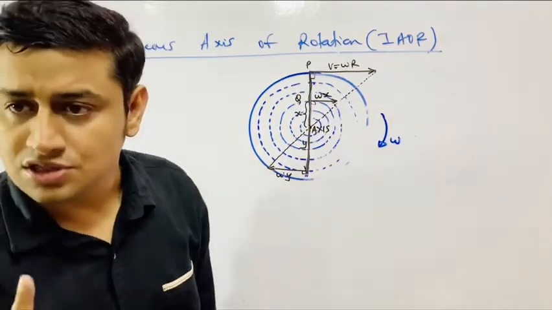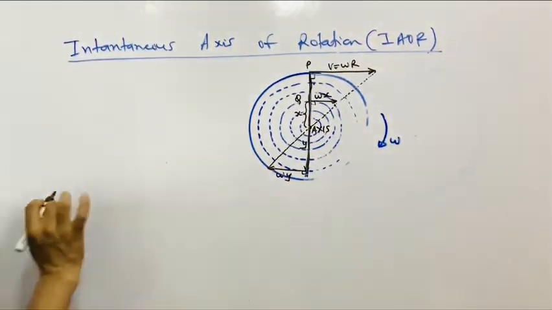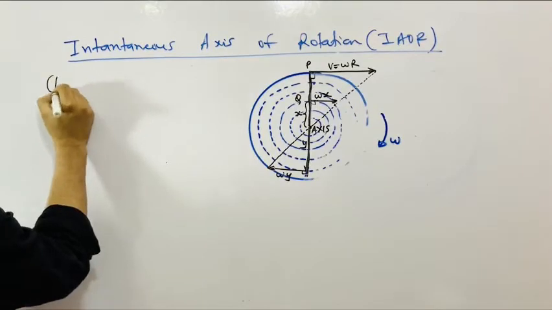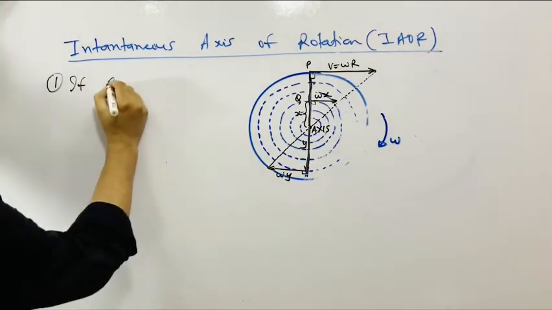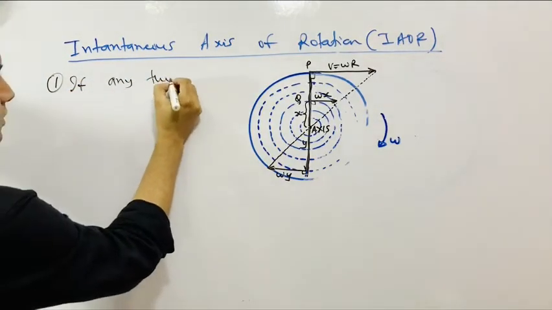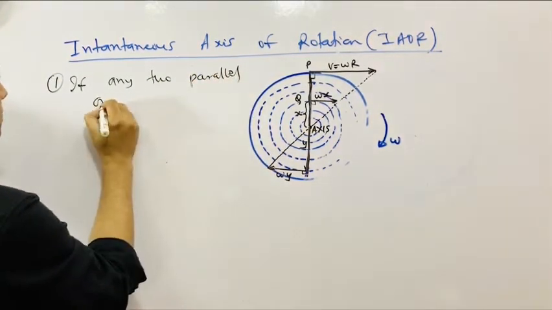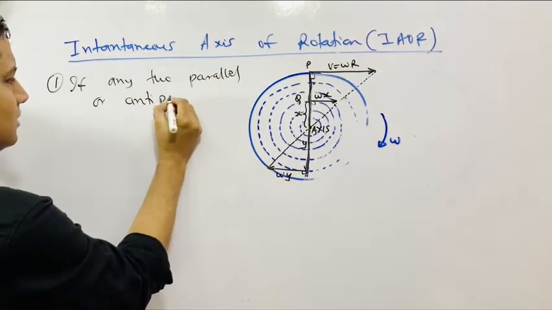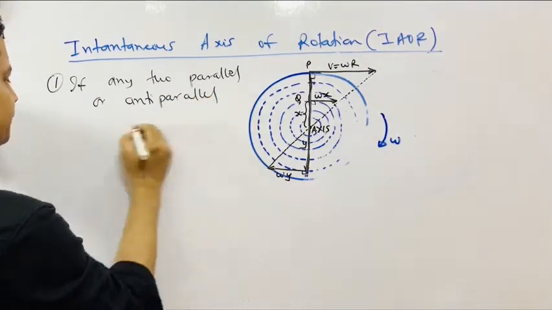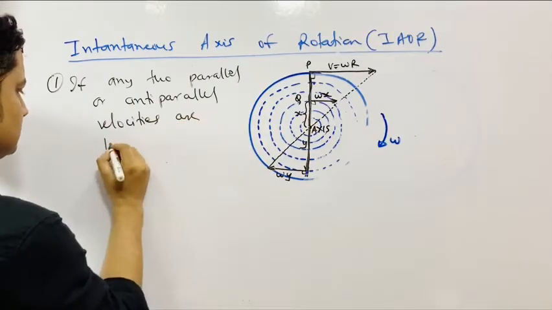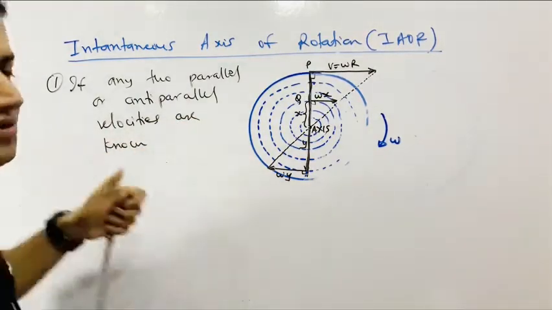So understand the first rule. How to find the instantaneous axis of rotation if any two parallel or anti-parallel velocities are known? This is the simple rule of similar triangles.